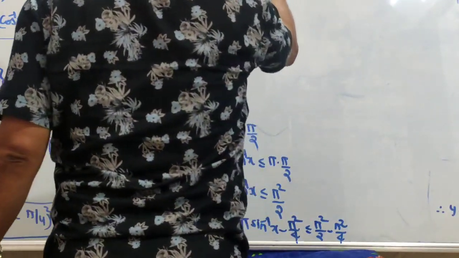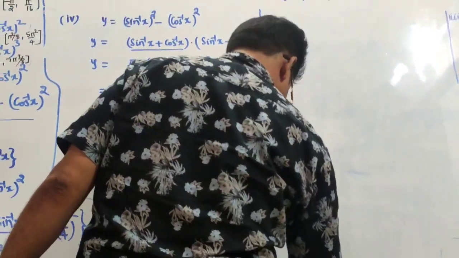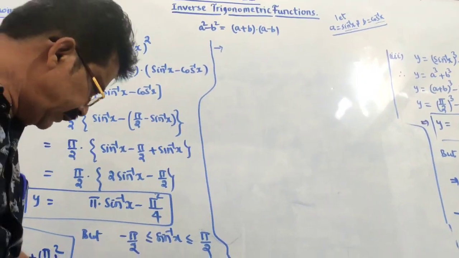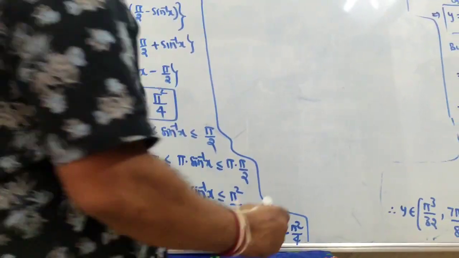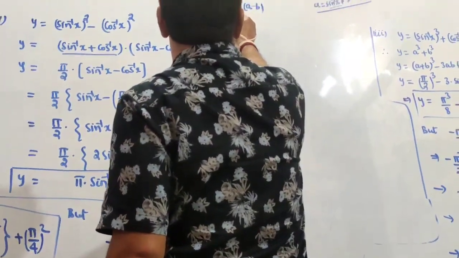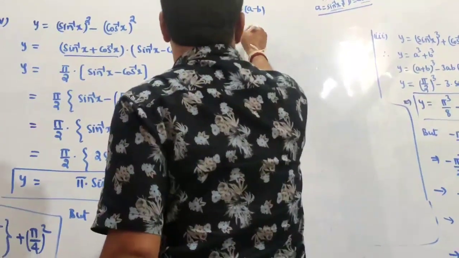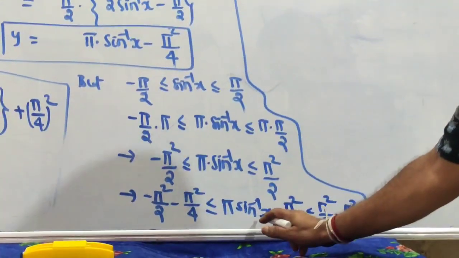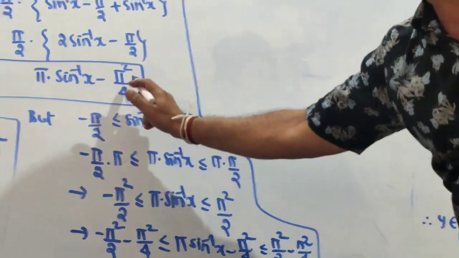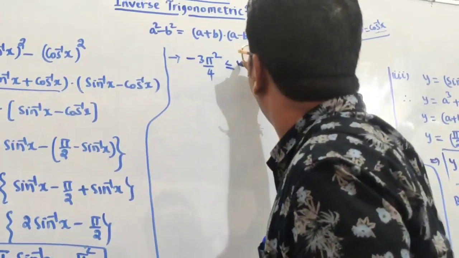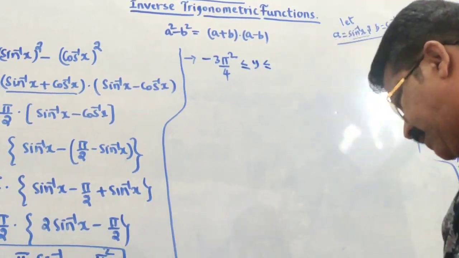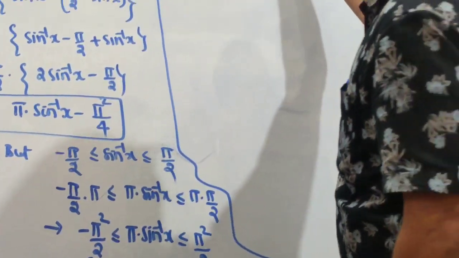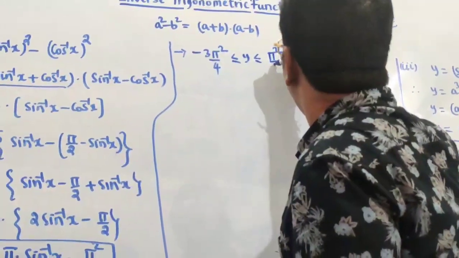So that implies, minus 3 pi square by 4 is less than or equal to pi sin inverse x minus pi square by 4, which is y, less than or equal to, on simplification, pi square by 4.